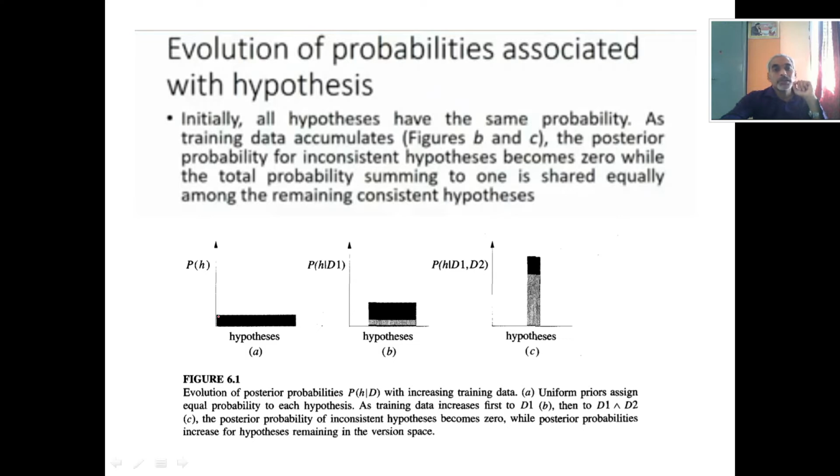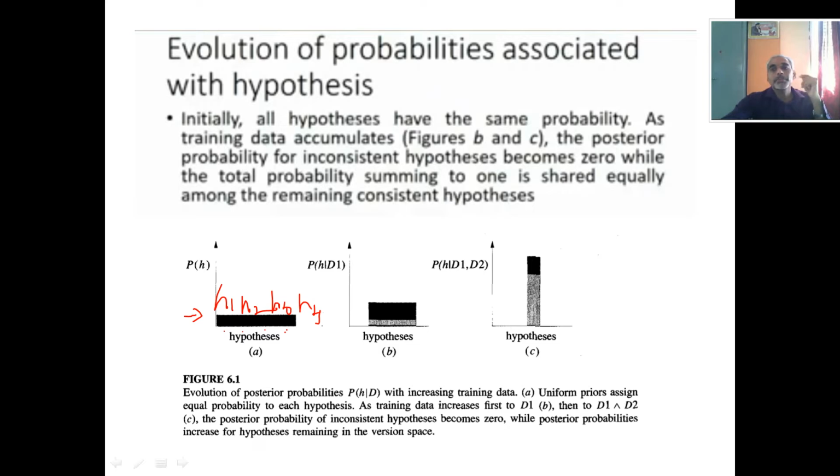Initially, suppose you have four hypotheses, H1, H2, H3, H4, in our hypothesis space. Here 1, 2, 3 and 4. Initially for all these hypotheses you are assigning the same, equal probabilities. So the diagram looks like that.